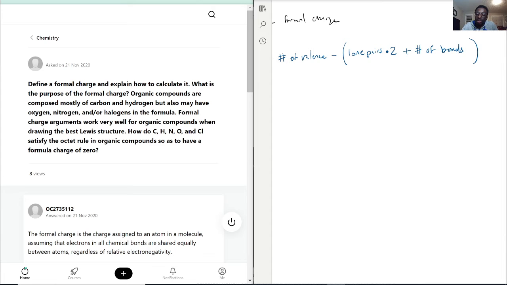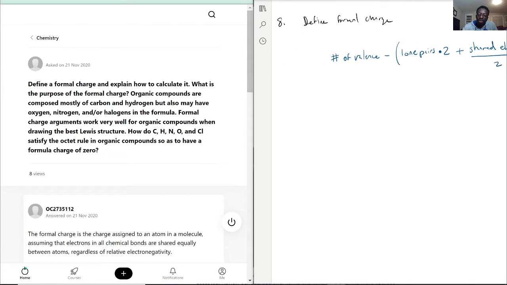Actually, no, I would prefer shared electrons, because with number of bonds you could have a triple bond, which counts as one bond, but there are 6 shared electrons there. So let's say shared electrons divided by 2. This is how you calculate formal charge.